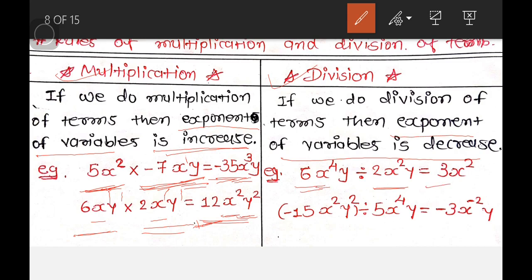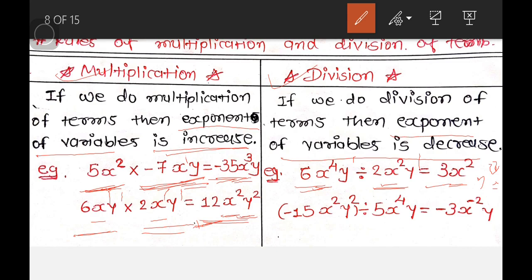Here x is raised to 4 and the second term has x square, so we subtract 2 from 4 and get x square. And y has exponent 1 in one term and exponent 1 in the other, so we subtract 1 from 1, and y has exponent 0, which is equal to 1, so we don't write it.